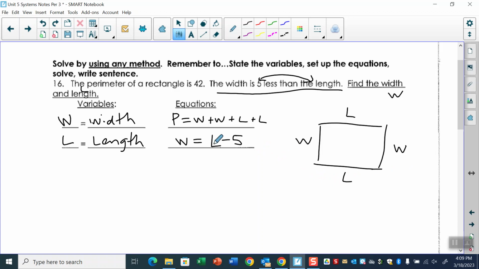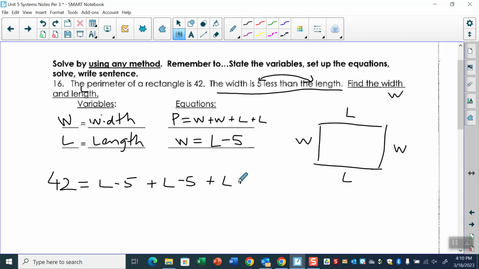Okay, so what that means is I've got the perimeter. Now I'm going to substitute in everything I've got. So my perimeter is 42. And instead of W, I can put length minus 5, right? Plus length minus 5. I'm substituting in my W's.